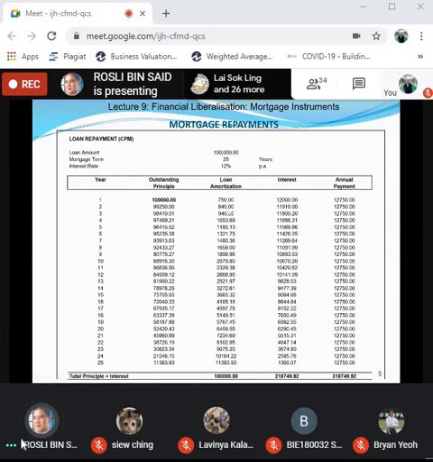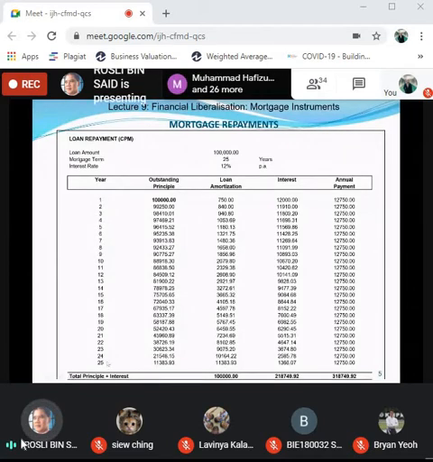This 840 ringgit is the amount that we use to amortize the capital outstanding. The process will continue from the first year up to year 25, because the mortgage period is 25 years.